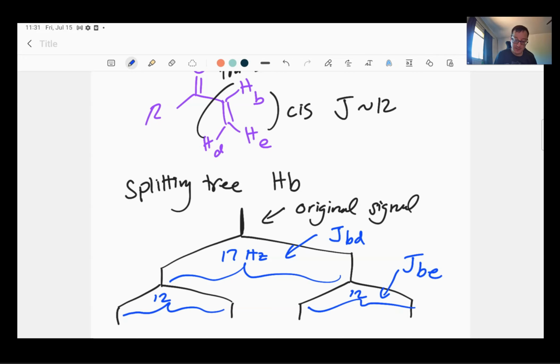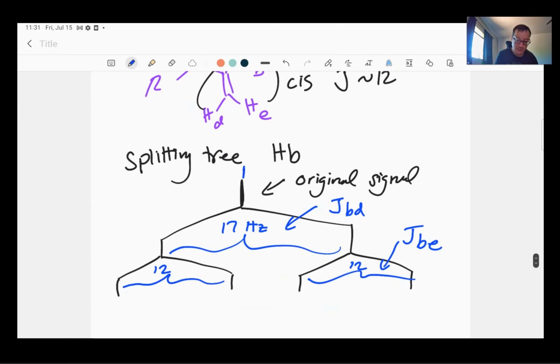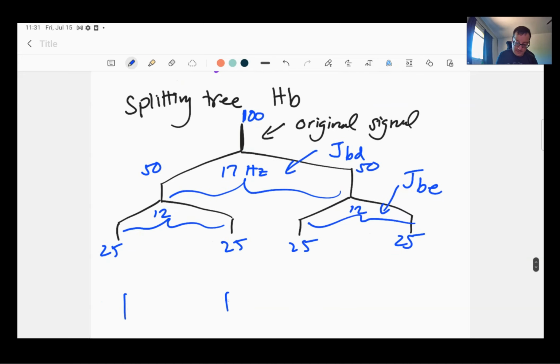And if we do that, we see that we had originally kind of 100% to start. We split that, so each of these was 50. And then we split both of those, that's 25 each. So we expect equal ratios of intensity of a doublet of doublets. So this is not a quartet.